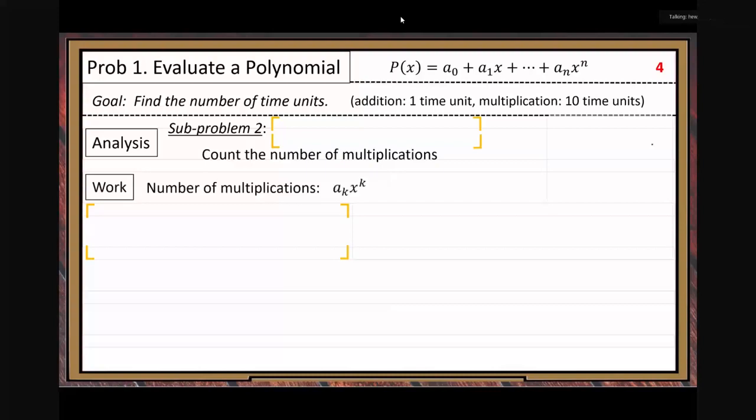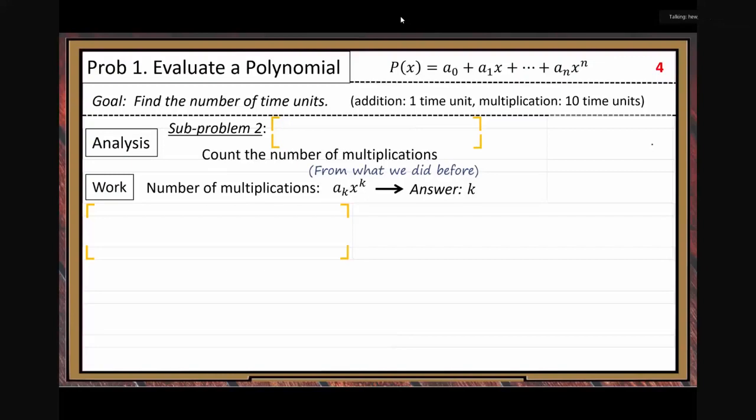When we calculate this term, a typical representative term, a sub k times x to the kth, how many multiplications did we get last time? Anyone still remember? K, all right?